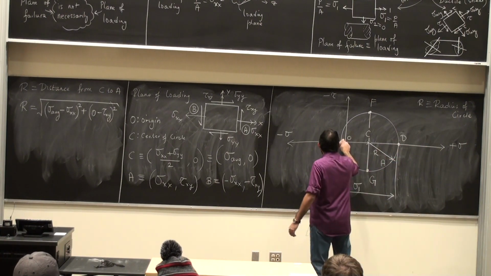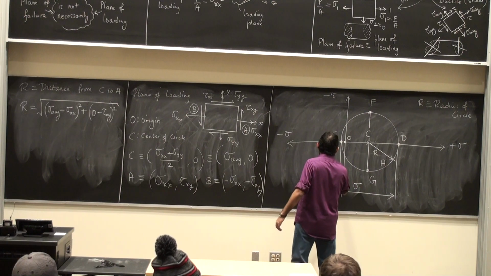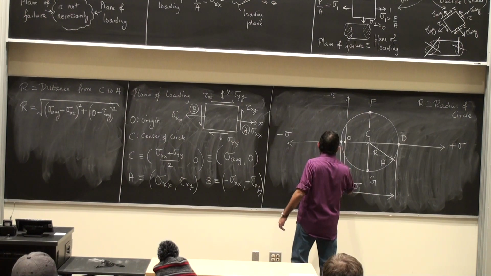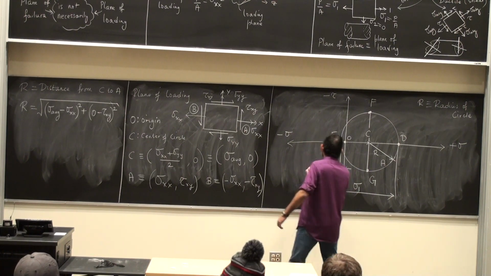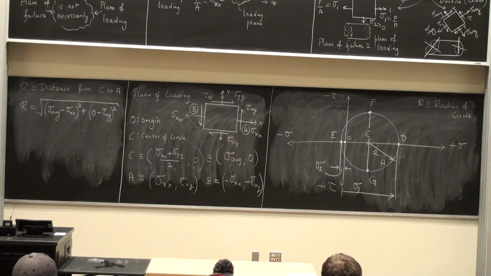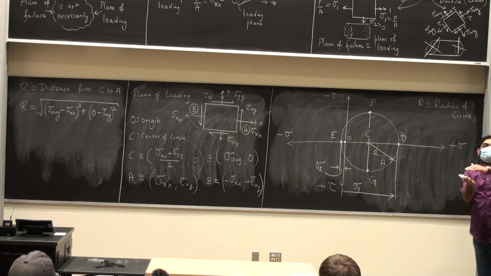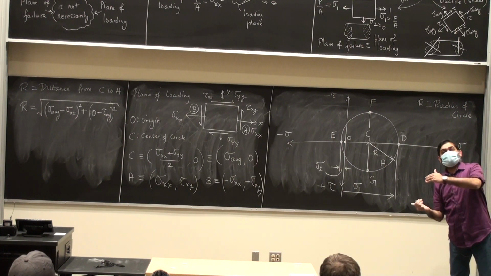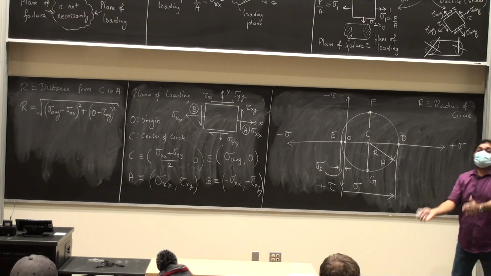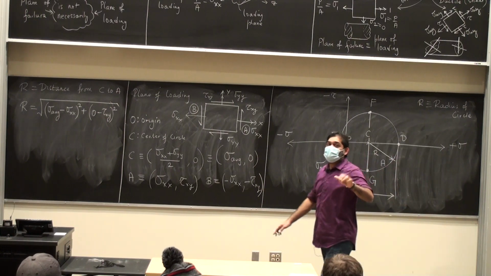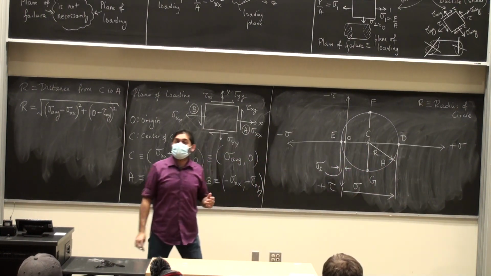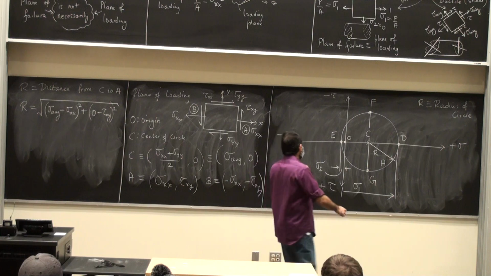Okay? This is sigma 2. Distance from point O to point F is the maximum in-plane shear stress value but negative, and on the other side it's the maximum in-plane shear stress value, which is positive. So if you draw Mohr's circle, you're good to go. You have pretty much everything, including the angles, which I'm going to talk about in a second.